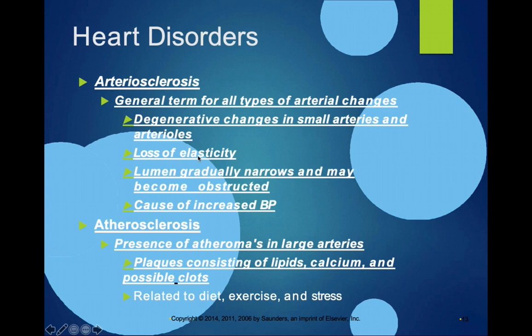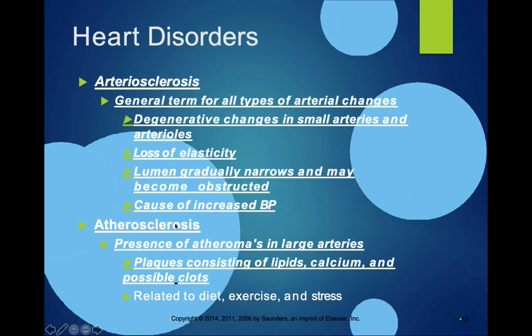Remember, blood vessels are made of collagen, but also elastin. So when the blood vessels need to dilate to lower blood pressure, they can, and when they need to recoil back and constrict to increase blood pressure, they can. The lumen can gradually narrow and can be obstructed. And when that happens, then we have increased blood pressure.